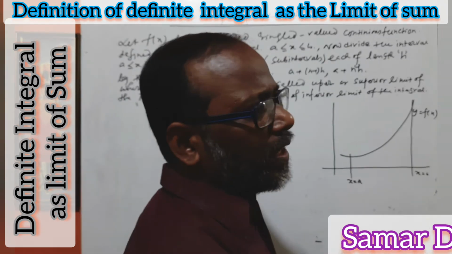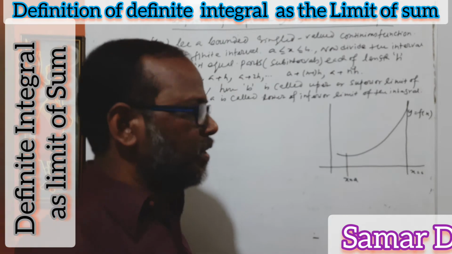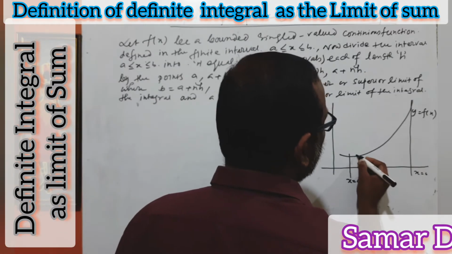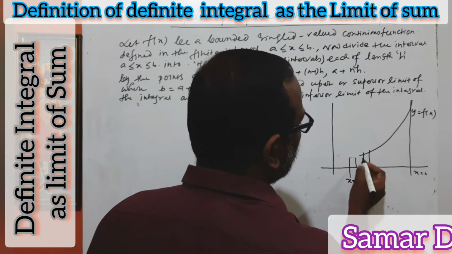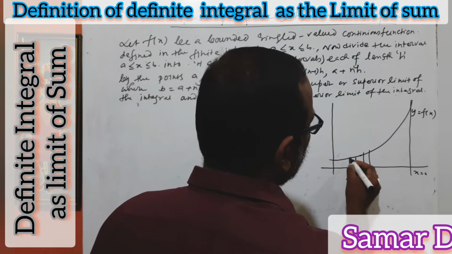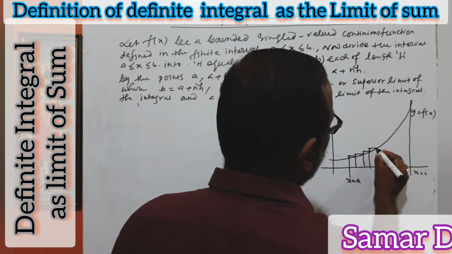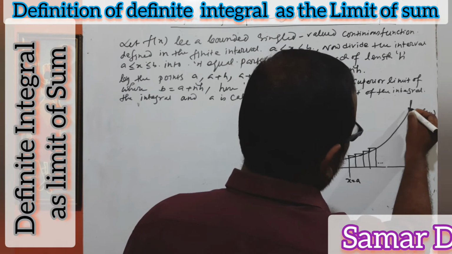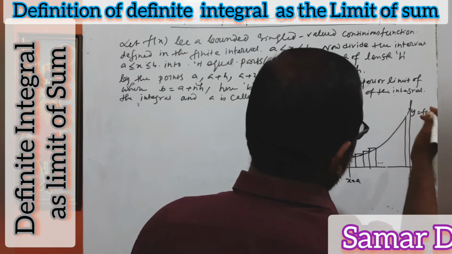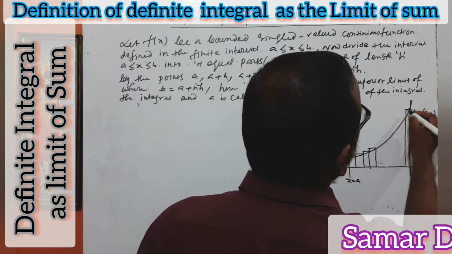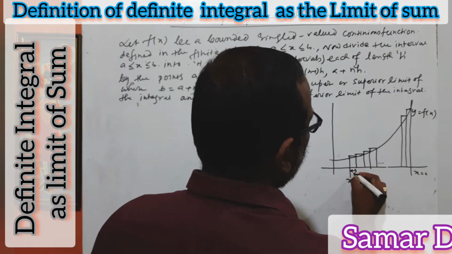This a to b is divided into n equal parts, each of length h.